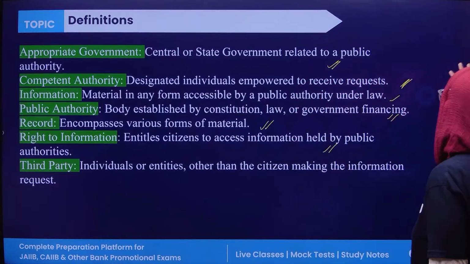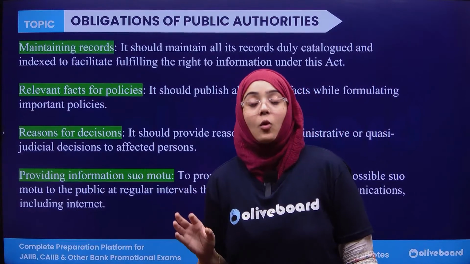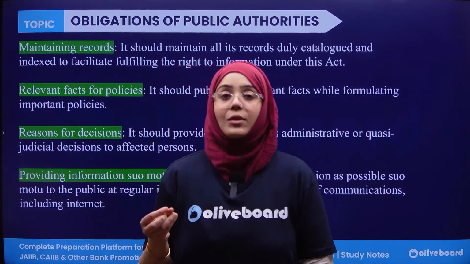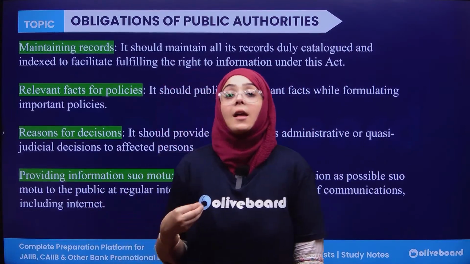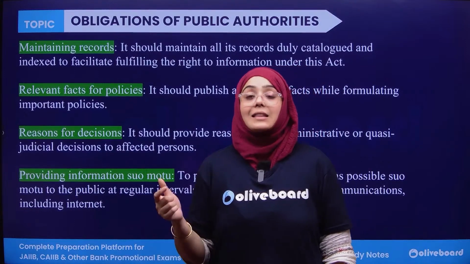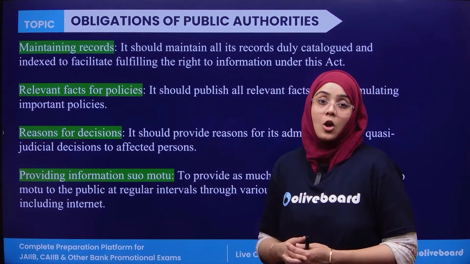Now, next, if we talk about the obligations of the public authorities, obviously there are different obligations of the public authorities working under the central or state government under the Right to Information Act. What are these obligations? The first obligation is they have to maintain records.